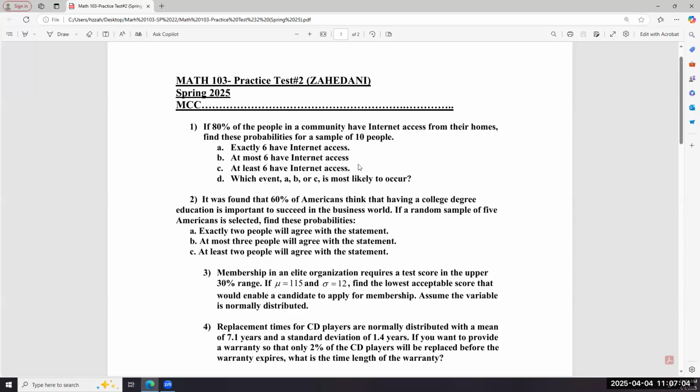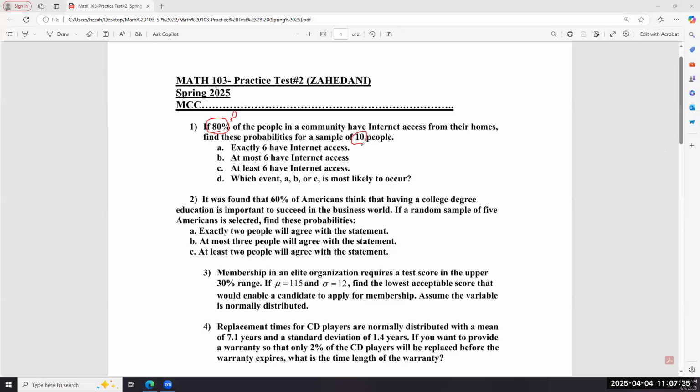For this type of problem, you have to identify the probability of success. You see, 80% of the population have internet access, so this 80% is your probability of success. This is going to be the P. This is the number that you have to identify for yourself. Then a sample size is given.